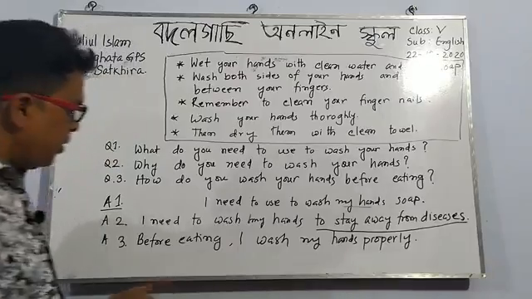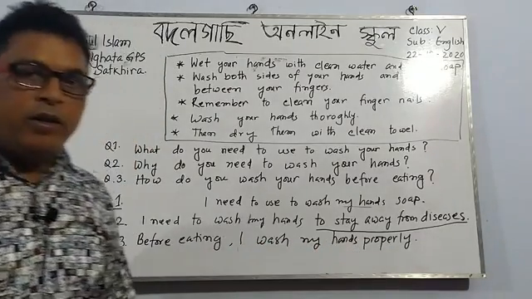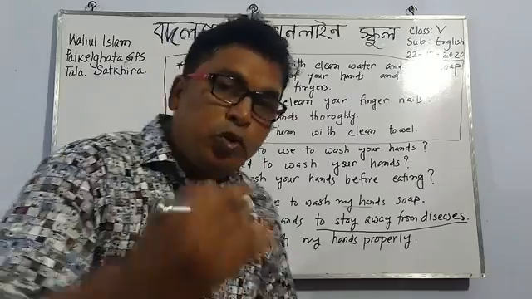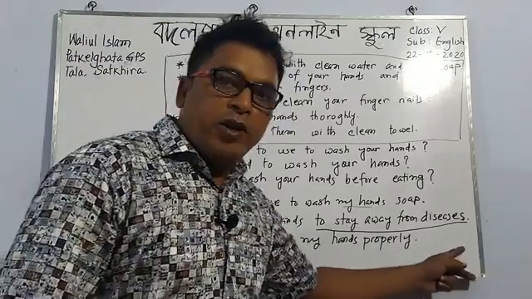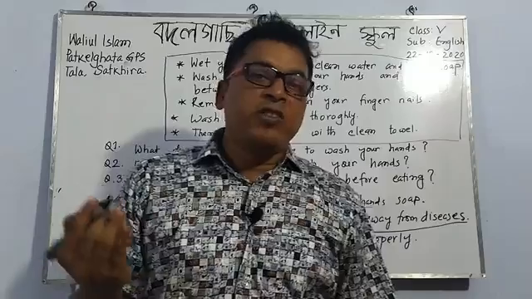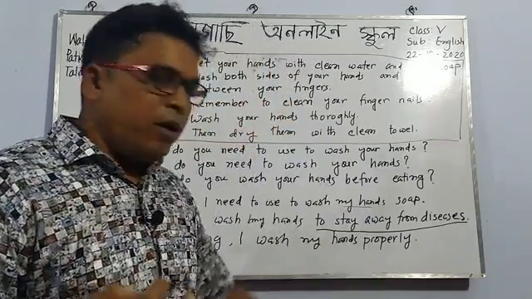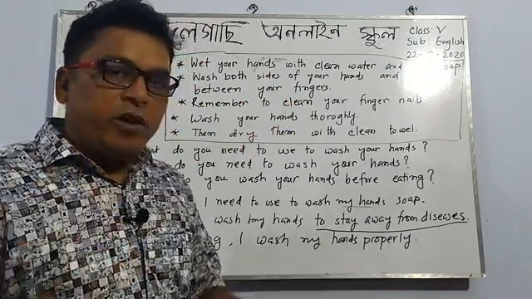Before eating, I wash my hands properly. What do we do more? One by one we write it. Actually, I think 2 or 3 sentences will be better. There are available points, but 3 sentences is better.